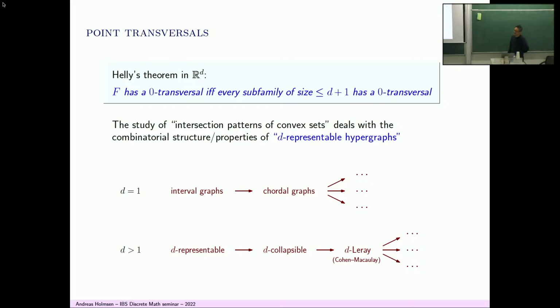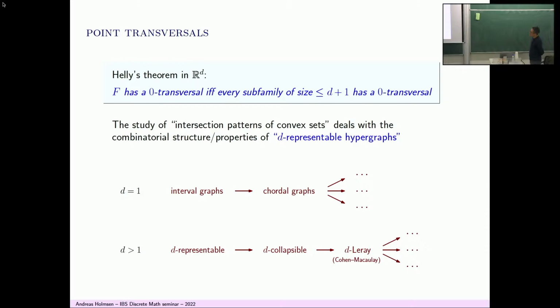You might have heard of these studying algebraic combinatorics. So my purpose of this slide is just to show you that even just studying 0-transversals leads to a lot of directions of research, more than what a single person can understand if you want to understand all of these things.